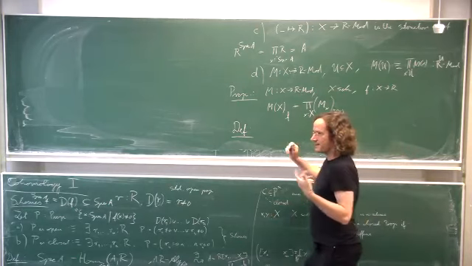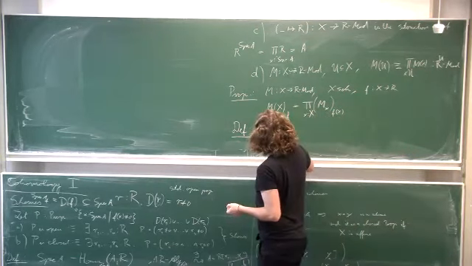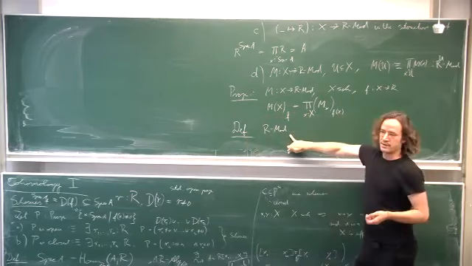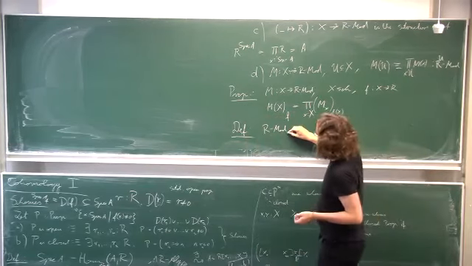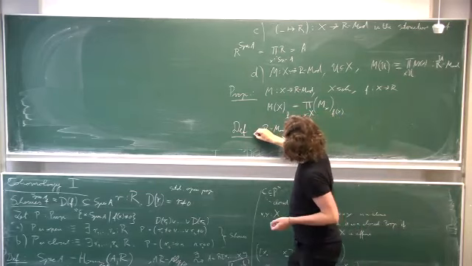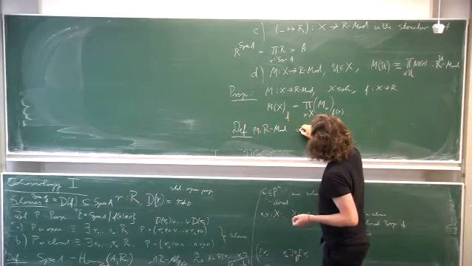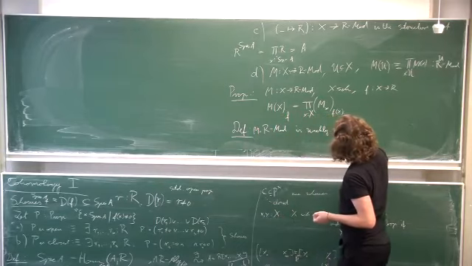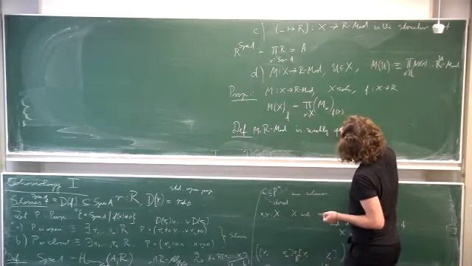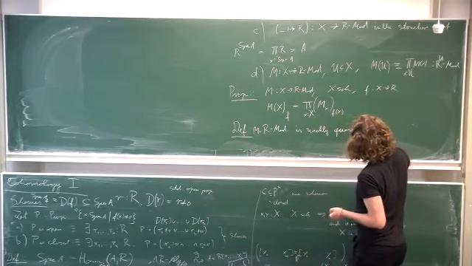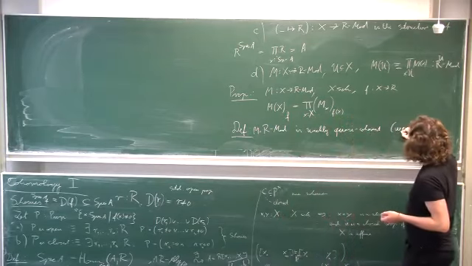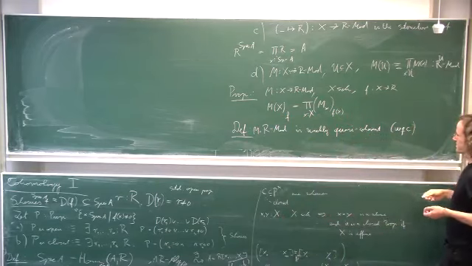So we can define first a nice type of R-modules, which we call weakly quasi-coherent. I guess I should at least write it out once. And we always abbreviate it with WQC.